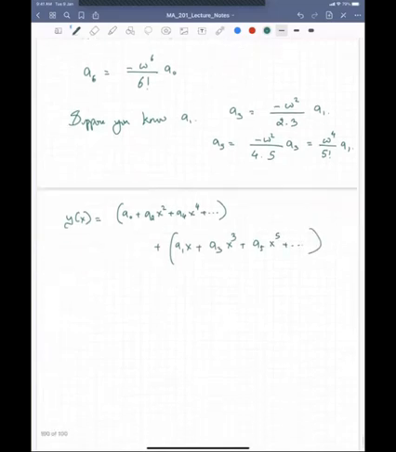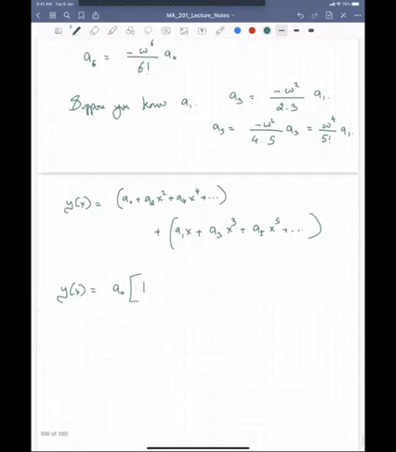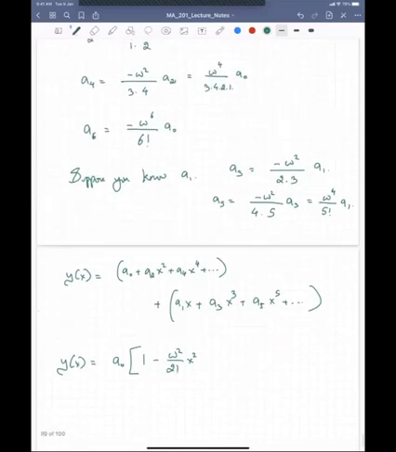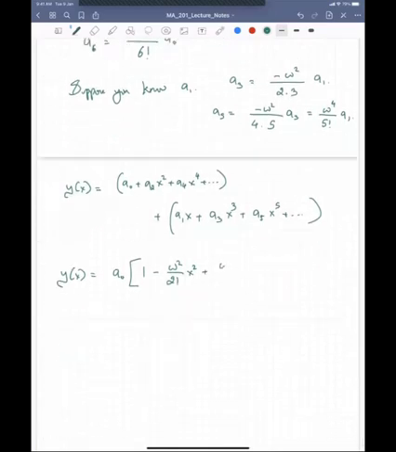Okay, so since all the even coefficients are determined in terms of a0, I can write this as y of x equals a0 times 1, a2 would be minus omega squared over 2 factorial x squared, a4 would be plus omega to the 4th x to the 4th over 4 factorial, minus omega to the 6th x to the 6th over 6 factorial, plus so on and so forth.